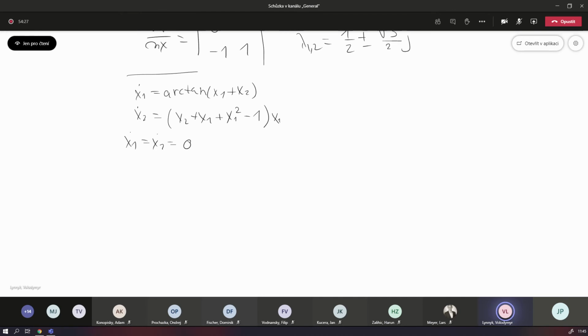When we solve, we can find that the first equilibrium point is x equal to 0, 0, and the other equilibrium points are equal to plus minus 1, minus plus 1.